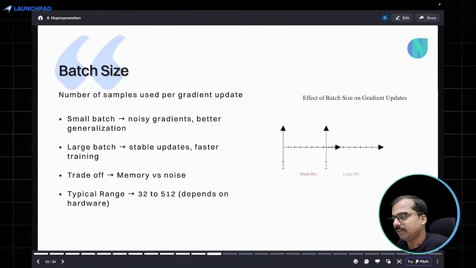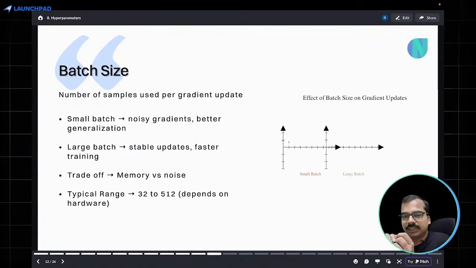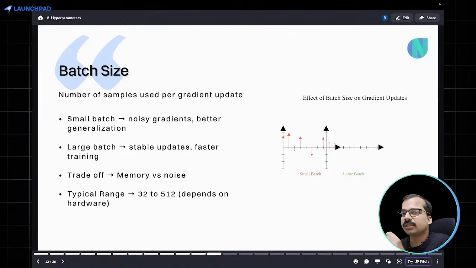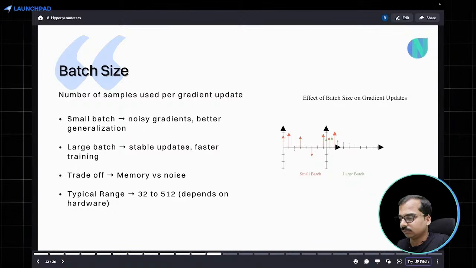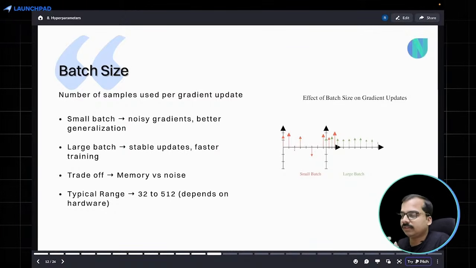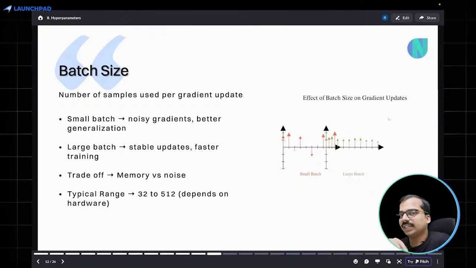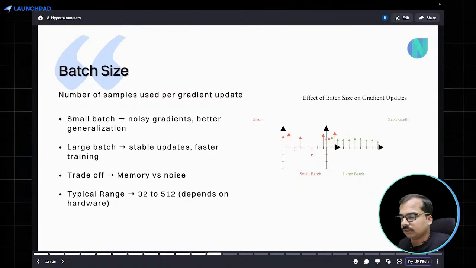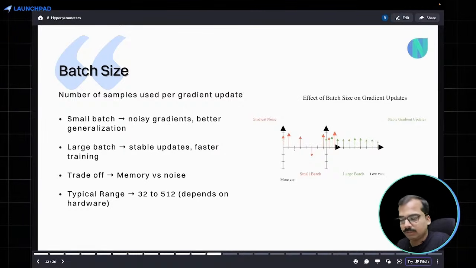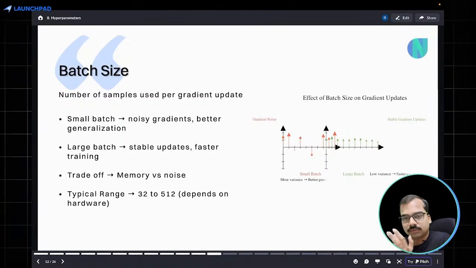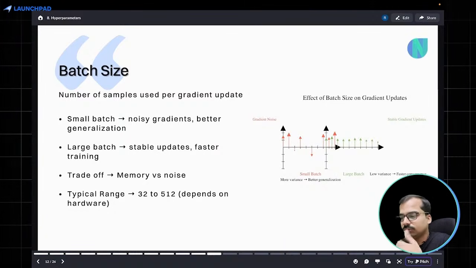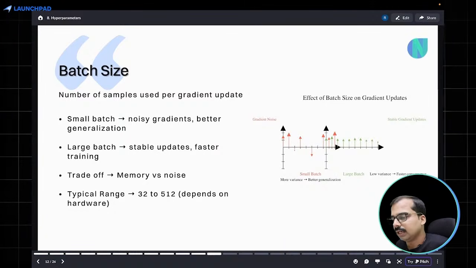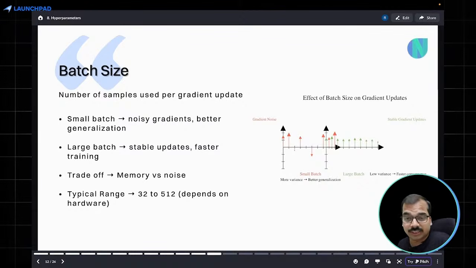But the benefit is that if there is a local minima, because the gradient updates are noisy, it might overshoot the local minima and thereby not get stuck in it. So that's the benefit of small batches. And the second thing is, when you have small batches, you have a low memory footprint. So if your RAM or GPU is less, you can have smaller batches. With large batches, you have more stable updates.